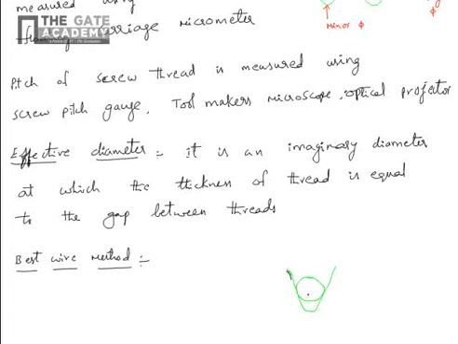Here, this is the center of the wire and this is the point touching. If this is making an angle alpha, here also alpha angle will be there based on the similarity of angles.